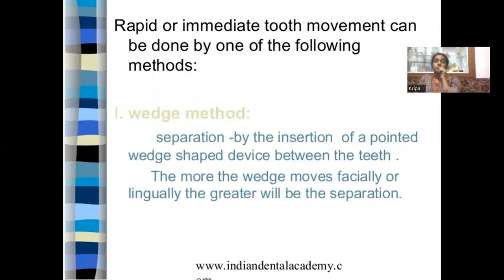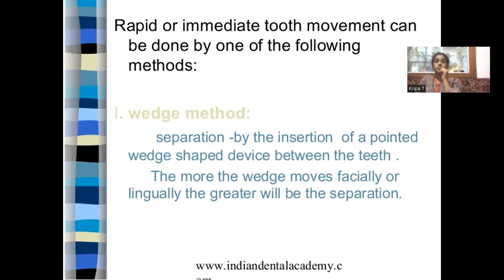Now, rapid or immediate tooth movement is achieved by two methods. One is the wedge method, the other is the traction method. The wedge method is achieved either through placing mechanical devices such as wedges, or through a separator, which is the Ivory separator.